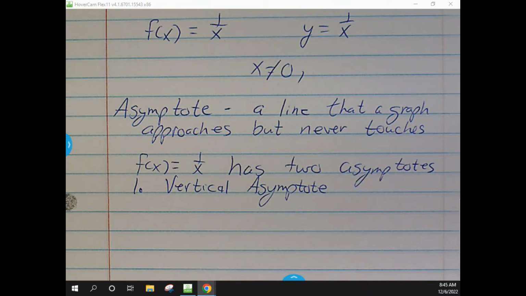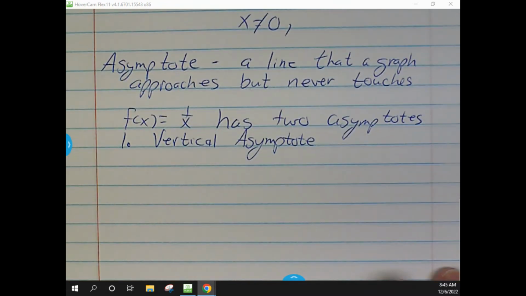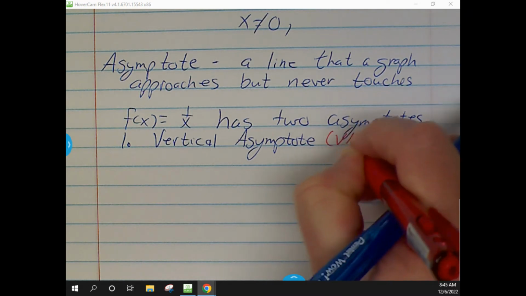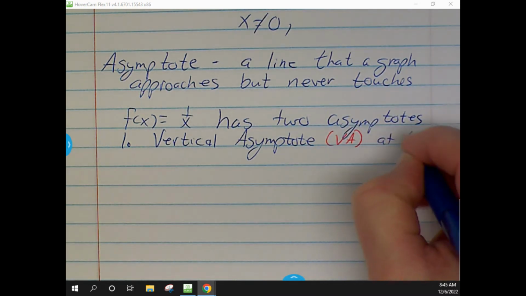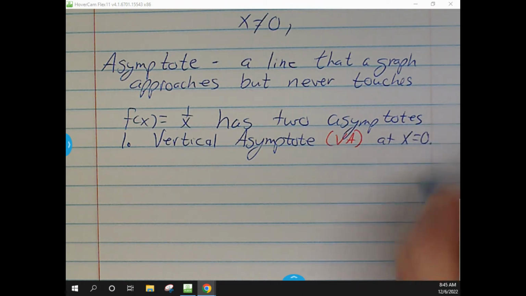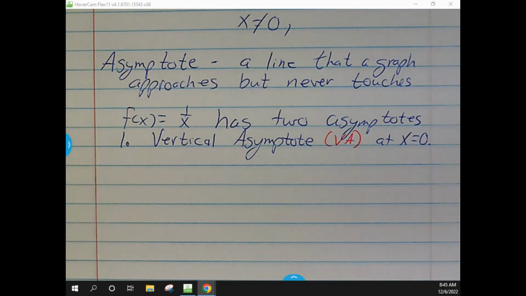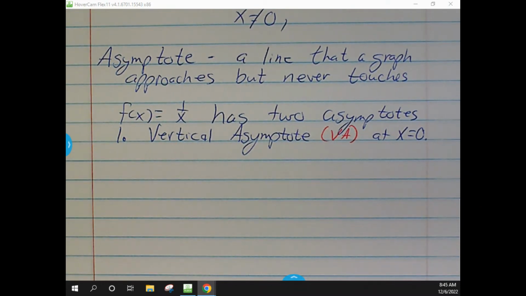We'll just call it VA for short. So whatever makes this thing undefined, when we're talking about x cannot equal 0, that's an asymptote. When you get to that point in the graph and you try to put that point on there, it doesn't exist. It's not on the graph.